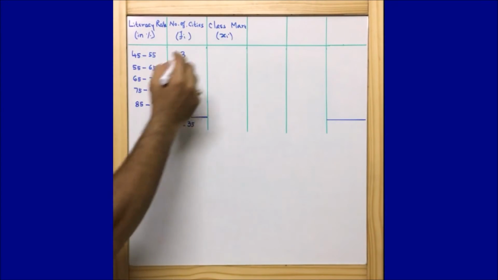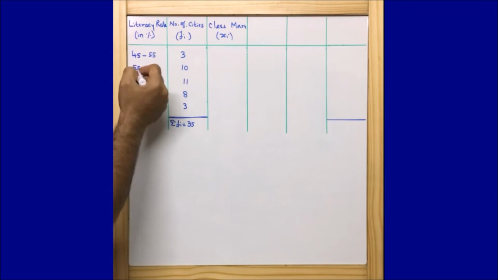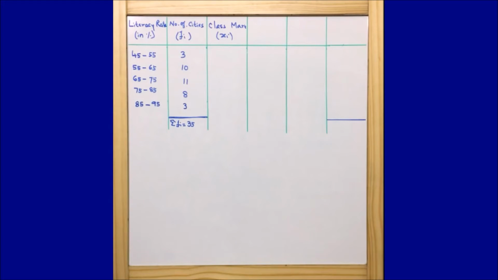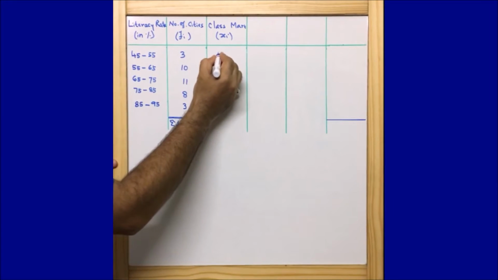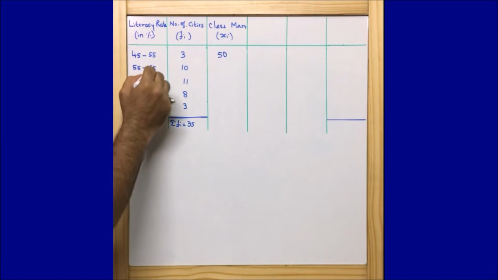We know very well what the class mark is. Class mark is nothing but, for these two limits, lower limit plus upper limit divided by 2. So here it is 45 plus 55, which is 100, and 100 divided by 2 gives 50. One other thing, guys: the class height here is 10, because 45 plus 10 is 55, 55 plus 10 is 65.